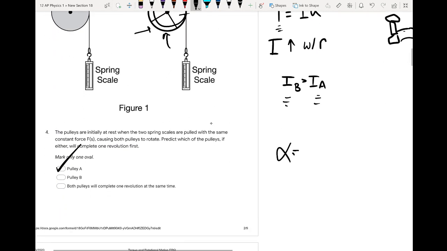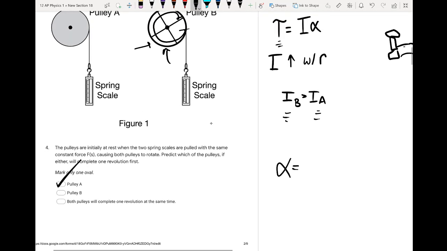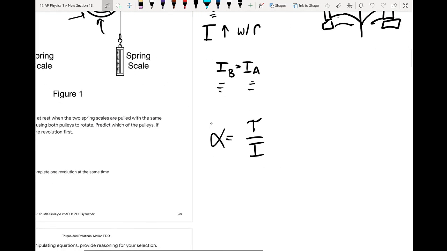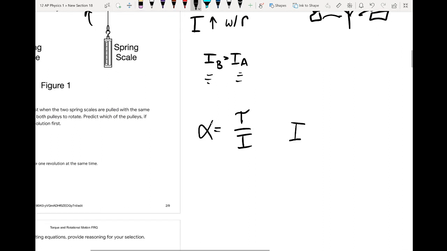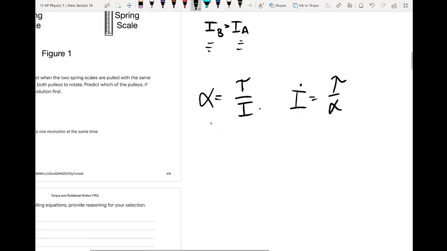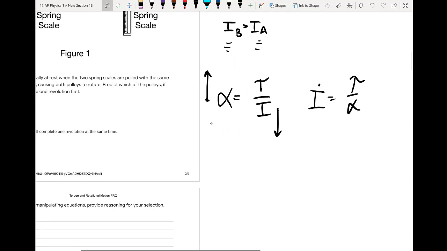Let's rewrite it as this: alpha equals torque divided by rotational inertia. So we see these are inversely related to each other, or we could rewrite it as I equals torque divided by alpha. If I goes up, angular acceleration is going to go down, and if I goes down, angular acceleration is going to go up, because they're inversely related.